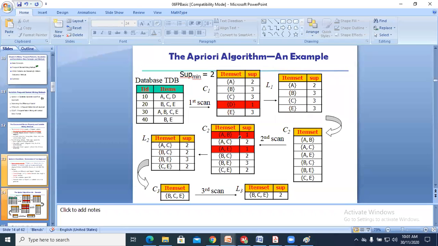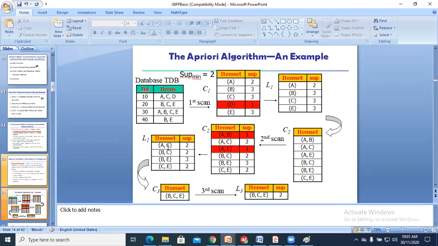So we will see that AB and AE will not satisfy the minimum support criteria, and we will choose the rest of the items from the candidates list into the frequent list, and we will have the corresponding support of these items.